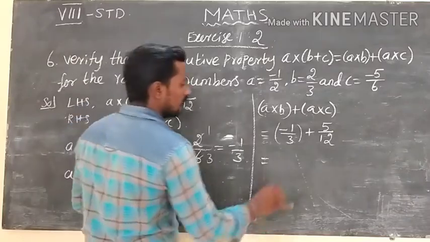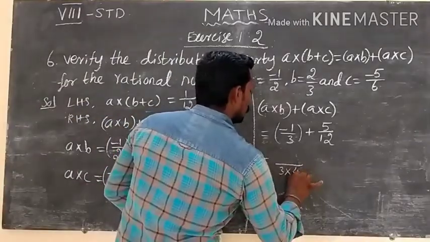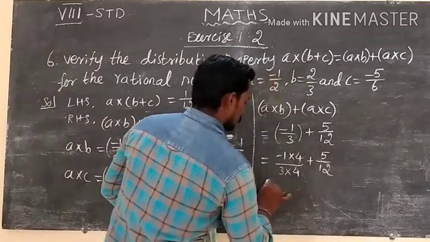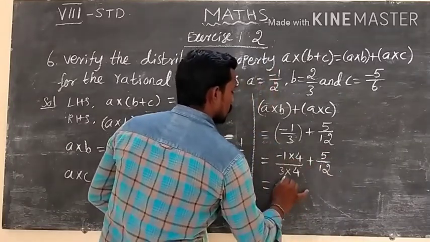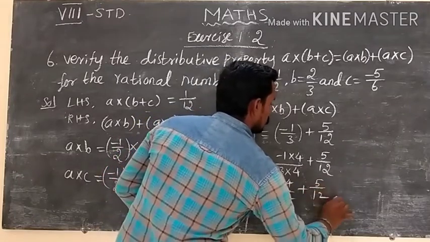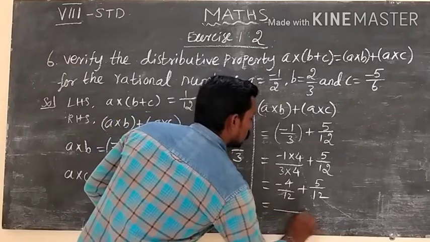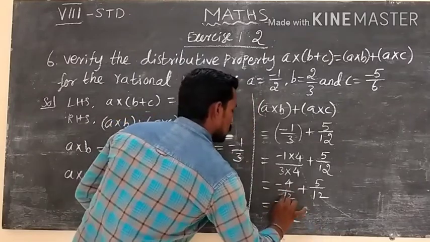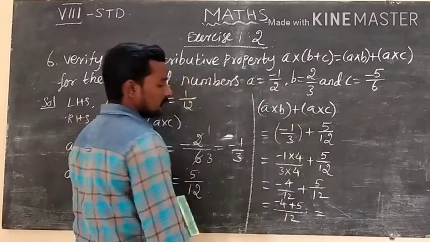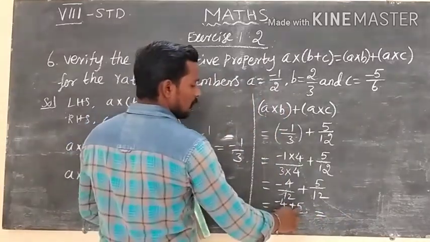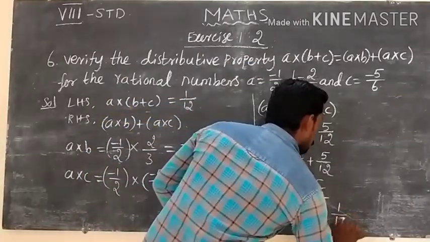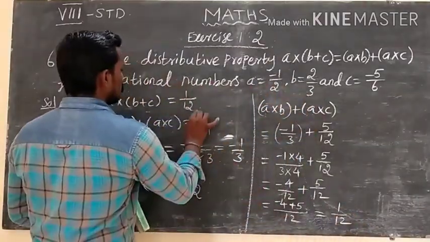So minus 1 into 4 divided by 12 plus 5 by 12, where 12 is the common denominator. Minus 4 plus 5: the signs are different, so we subtract. 5 minus 4 is 1. So 1 by 12. This is the RHS.